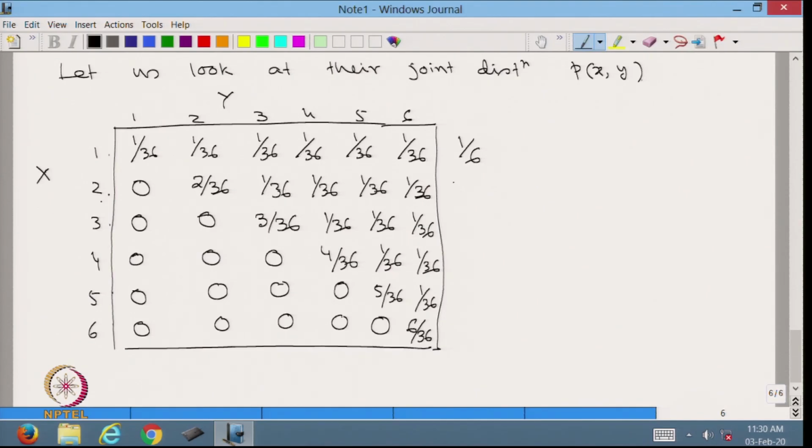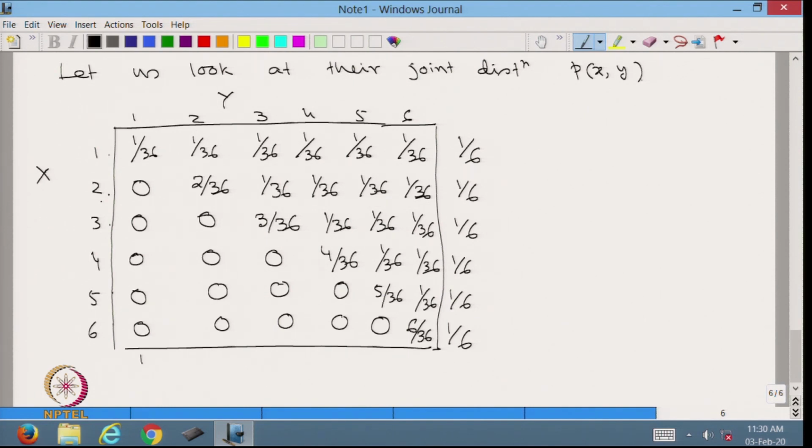Therefore, we can see that X and Y are dependent on each other. The marginal distribution of X is 1 by 6 for all the 6 values. However, the marginal distribution of Y is changing.